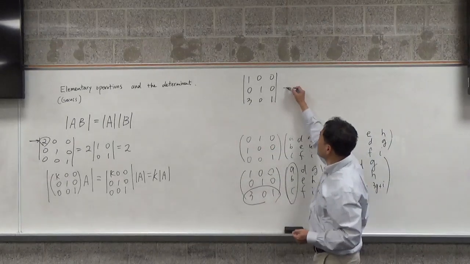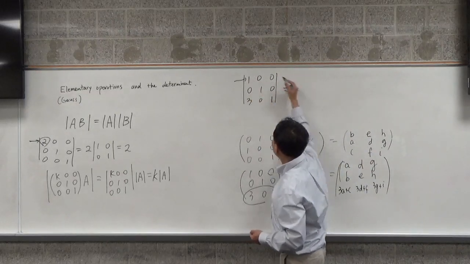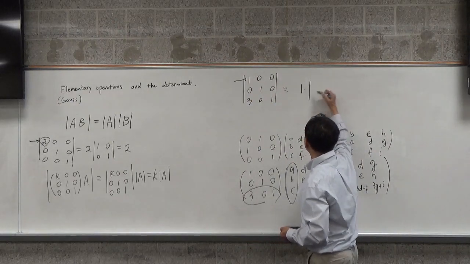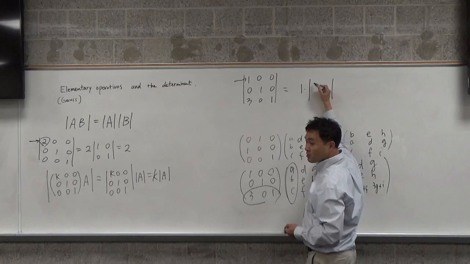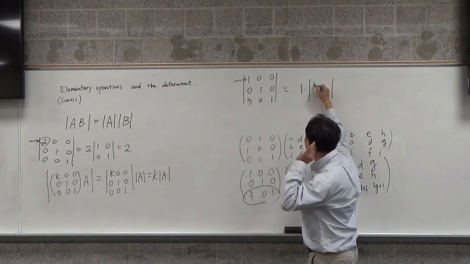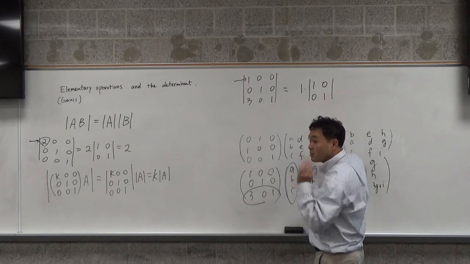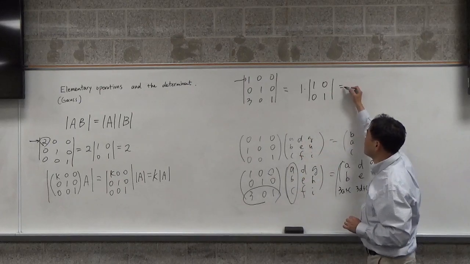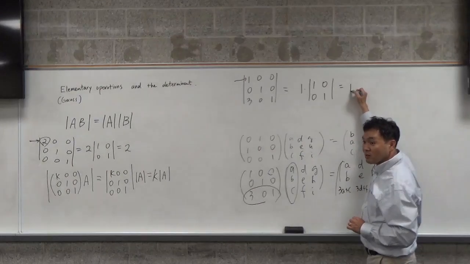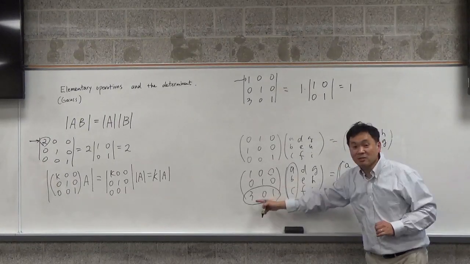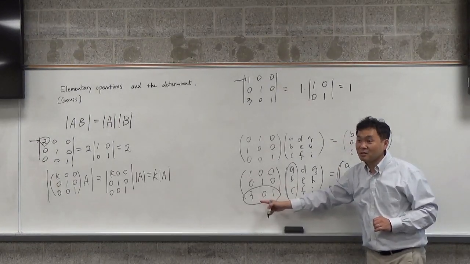Now, if you do a row expansion here, you get 1 times what? 1, 0, 0, 1, right? What's that? 1. Oh, so this 3 didn't do anything at all.